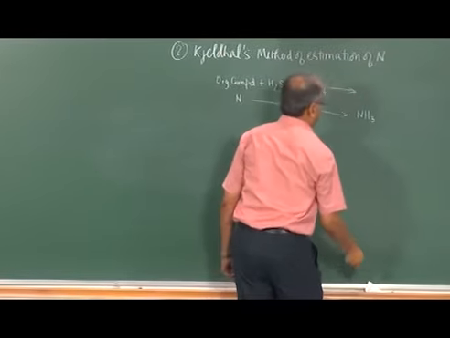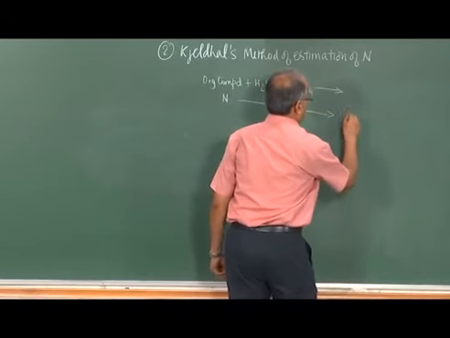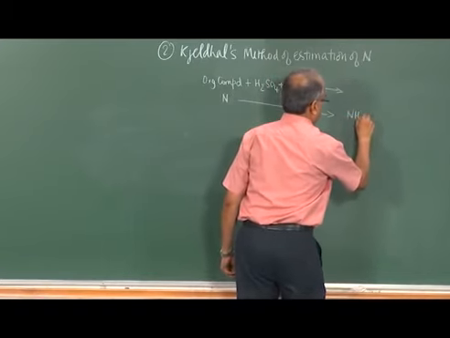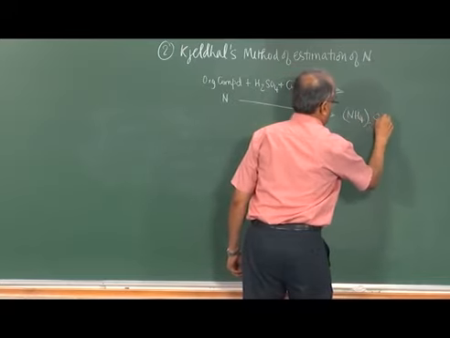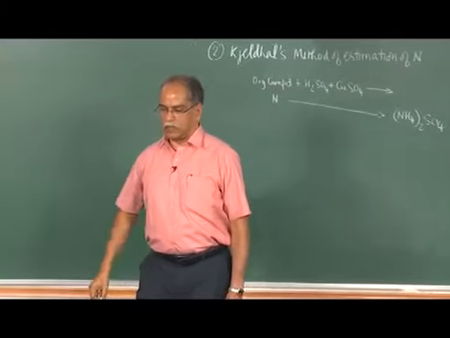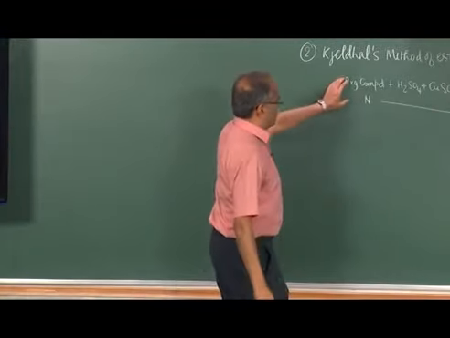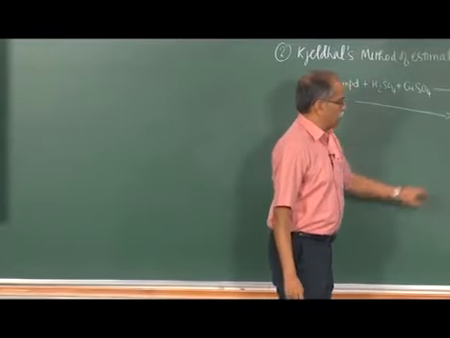In the presence of sulfuric acid, of course, the ammonia will react with sulfuric acid and form ammonium sulphate as the inorganic form of the nitrogen that is present in the organic compound. So, all of the nitrogen that is present in the organic compound is converted into ammonium sulphate.